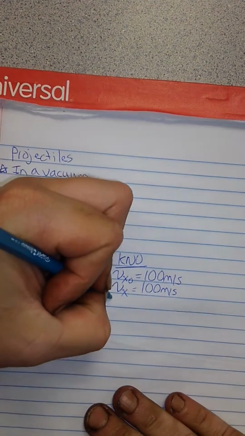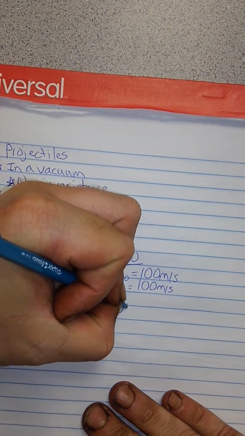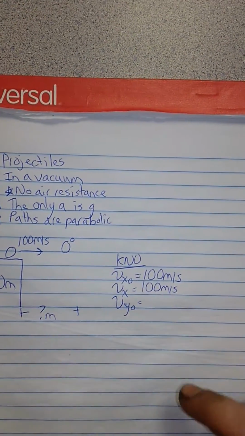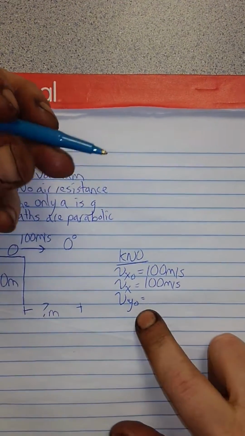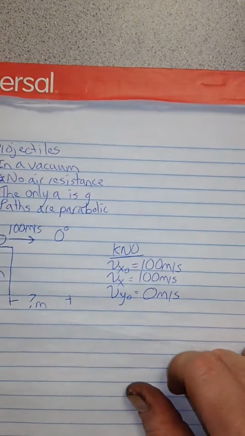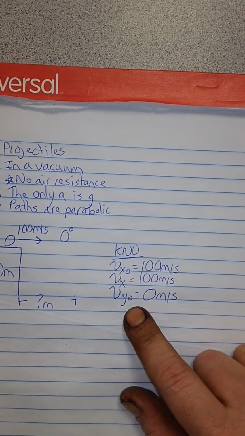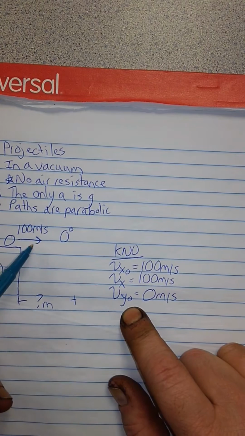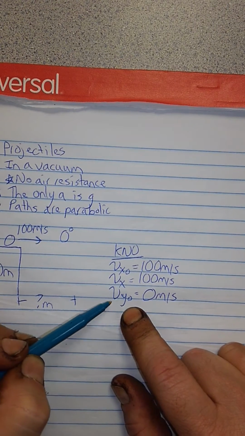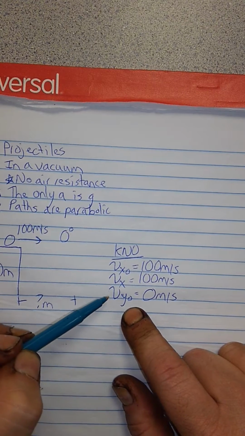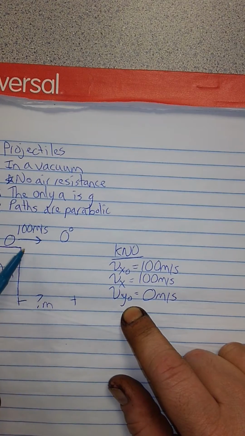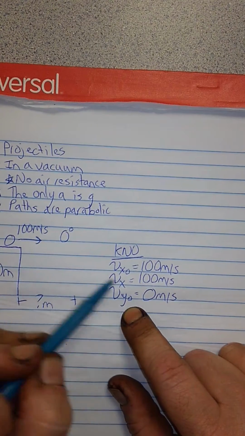And this next one is probably the biggest of all the assumptions, and it's extremely important to solving these kinds of problems: the initial velocity in the y direction will be 0 meters per second. The reason is that since we are shot completely horizontal, there is no y component of the muzzle velocity, which means that value is going to be 0.